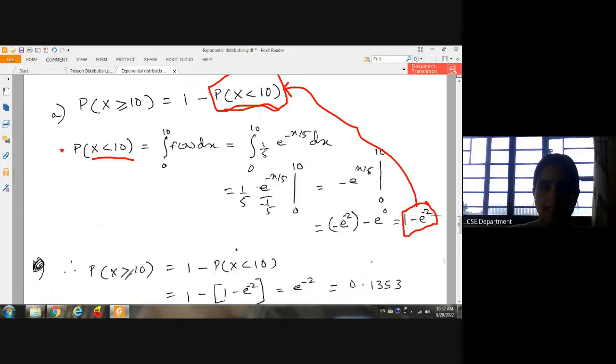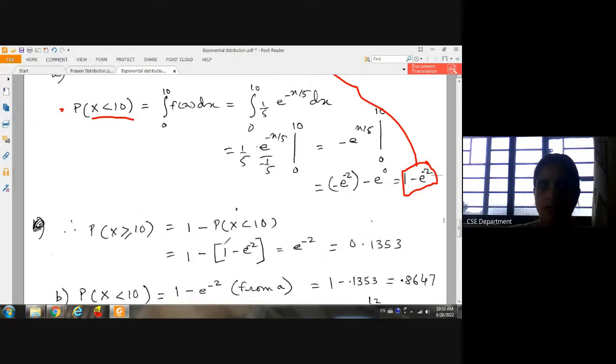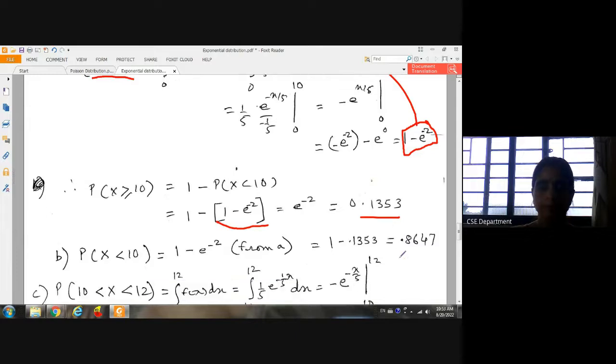So P(x greater than 10) is 1 minus P(x less than 10). So 1 minus what is in the box, 1 minus e power minus 2. Here the 1 minus 1 cancels, minus minus becomes plus, so e power minus 2. Use your calculator to get this value.